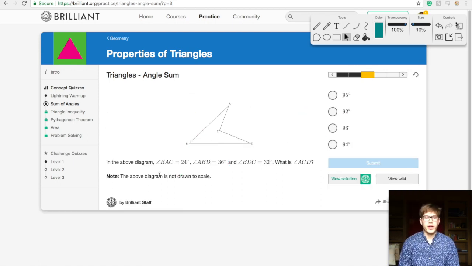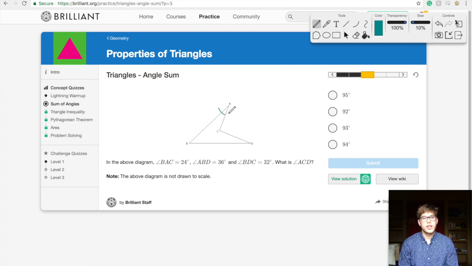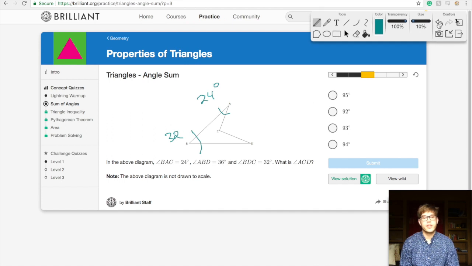In the diagram above, angle BAC, this angle here, is 24 degrees. Angle ABD, so this angle here is 32 degrees. Oh, I'm sorry, this angle is 36 degrees.